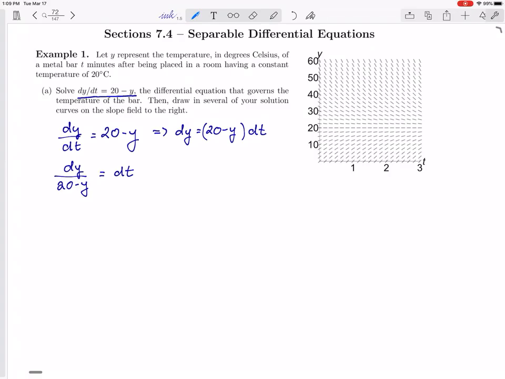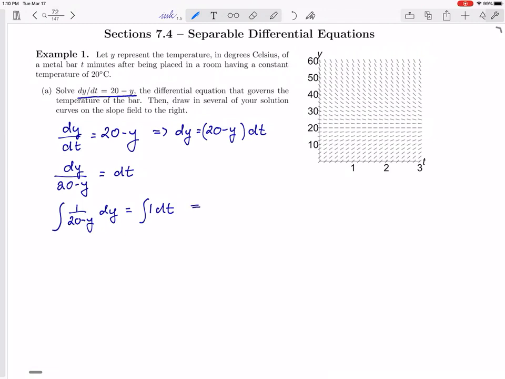Next, we're going to integrate both sides. So integrating both sides, on the left-hand side gives me the integral of 1 over 20 minus y dy is equal to the integral dt. If you like, you can put a little 1 right there in the integral before the dt to make your life a little bit easier.